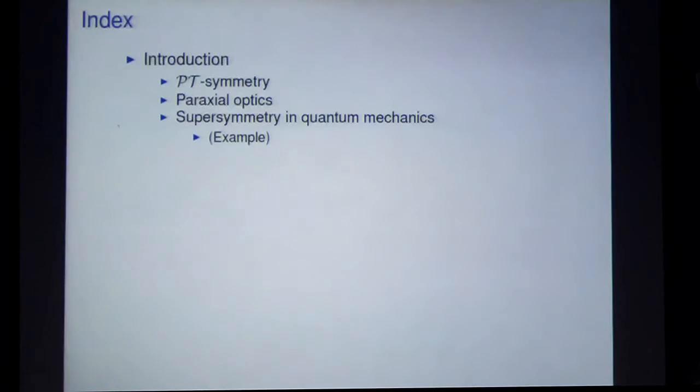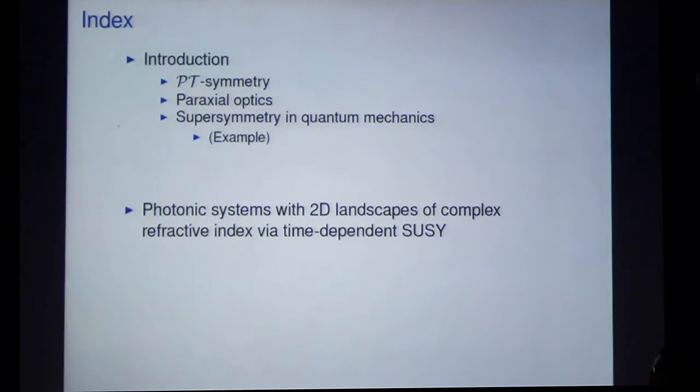Later I will talk about supersymmetry in quantum mechanics, and here I will give a parenthetical example, and later I'm going to modify the supersymmetry in order to apply this to these photonic systems with 2D landscape of complex refractive index. Finally, I will give my conclusions.